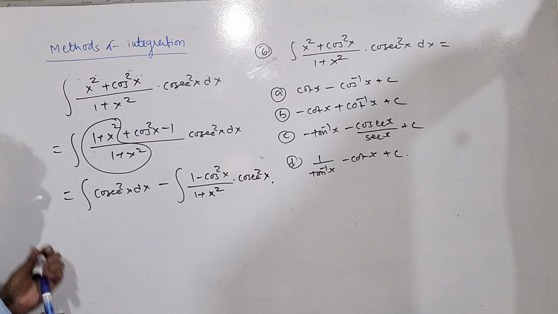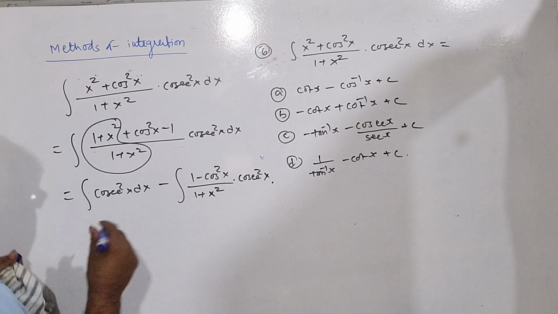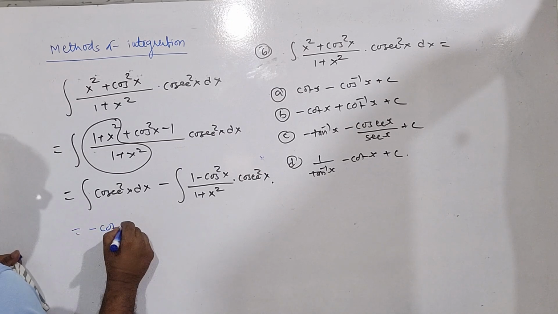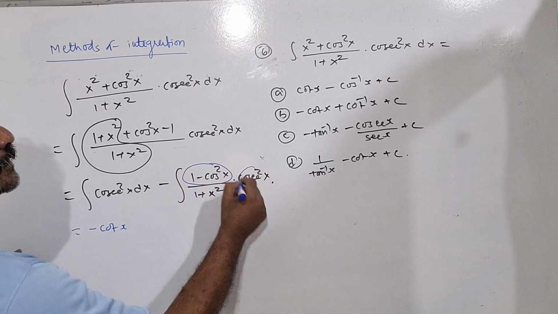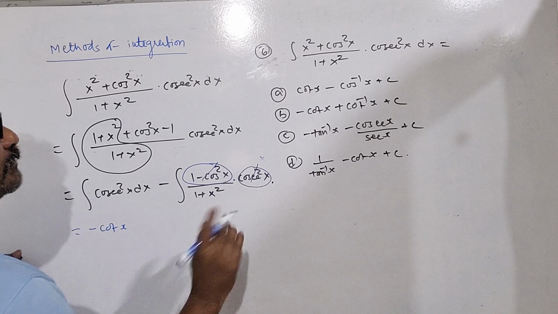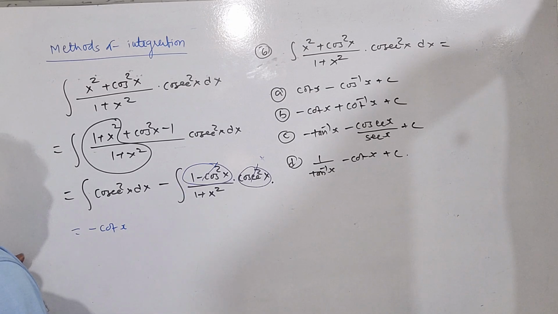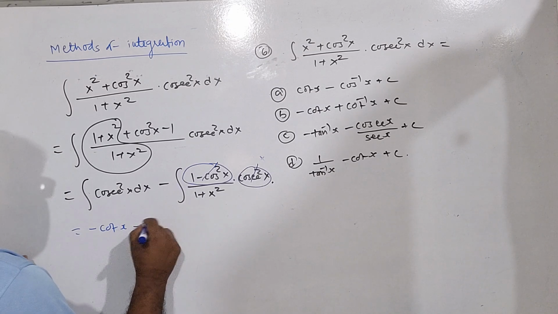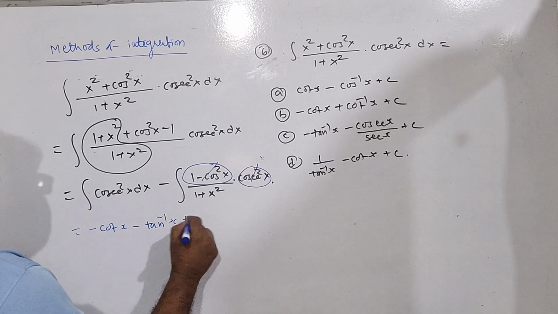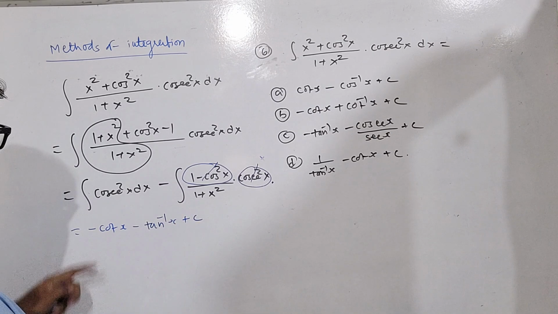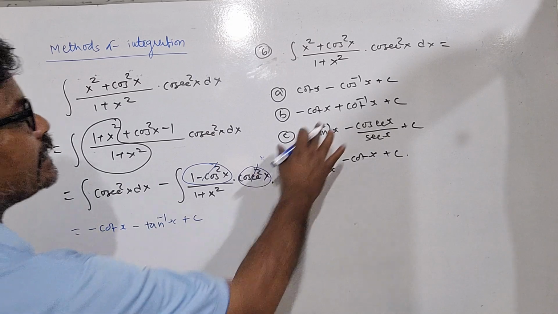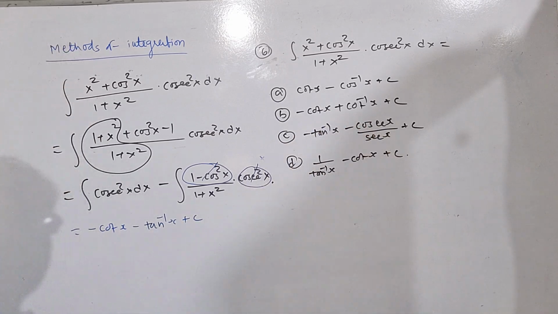Again the same thing, cosec squared x integration is standard, that is minus cot x, and this 1 minus cos squared x is sin squared x into cosec squared x, that will be 1. Simply the integration of 1 upon 1 plus x squared, that is minus tan inverse x plus c. So what is there? The answer is minus cot x minus tan inverse x, not there. Okay, so what to do? Now see the options.